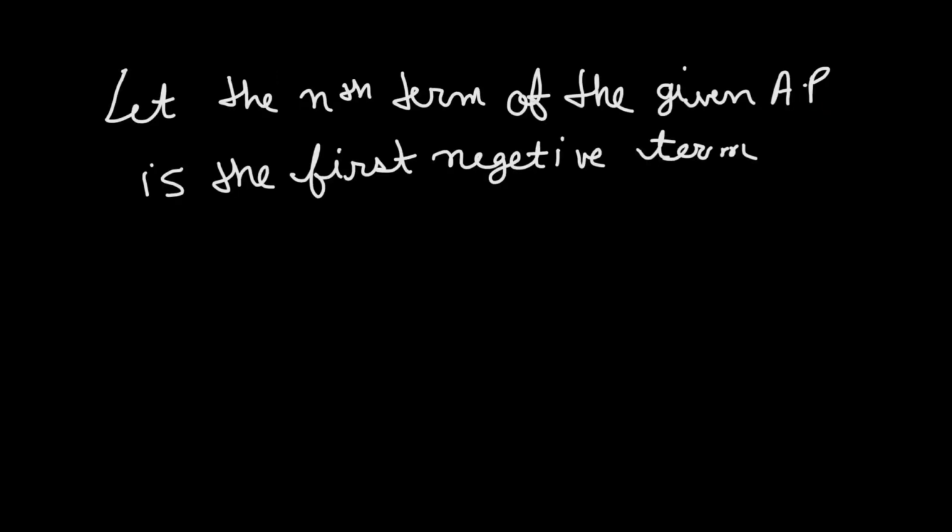If the nth term, which is an, of the given AP is the first negative term, then the nth term, which is an, must be less than 0.